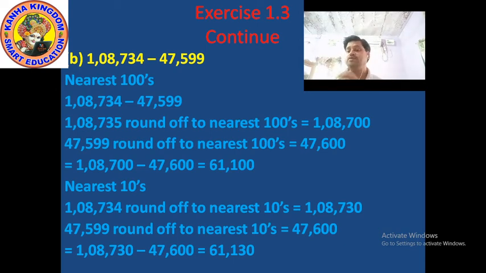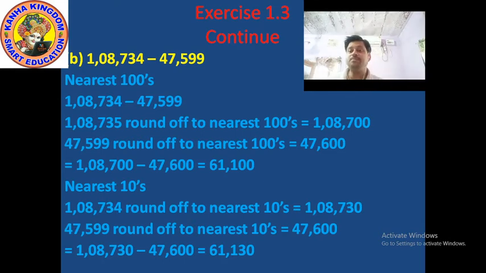And now when you subtract, first see the ones place. The ones place of the bigger number is 0, and the ones place of the smaller number is also 0. So 0 minus 0 becomes 0. Now move to the tens place. Bigger number's tens place is 3, and smaller number's tens place is 0, means 3 minus 0 becomes 3.